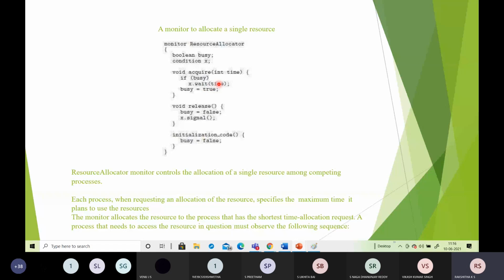If it is busy, it will execute x.wait. It is waiting while busy is true, until that particular resource is released by any other process which is already utilizing it.